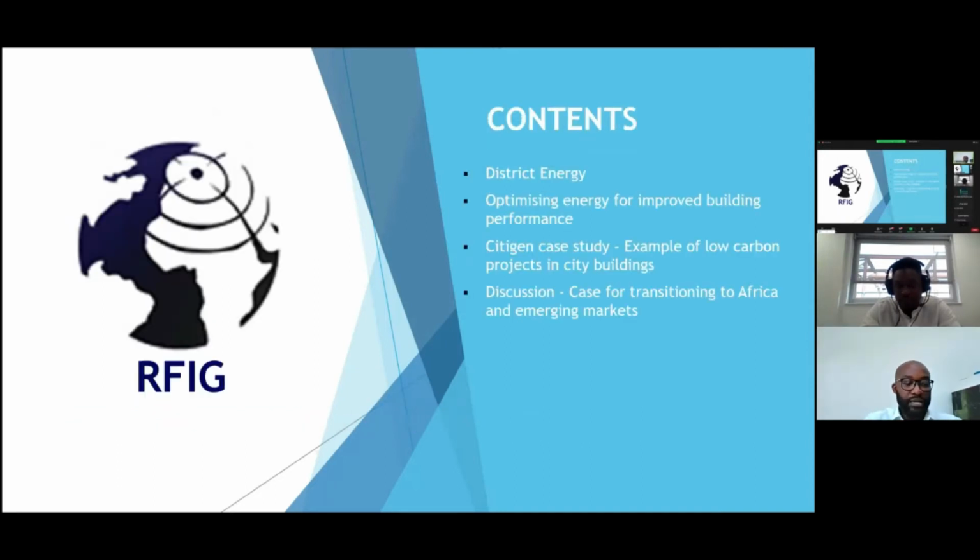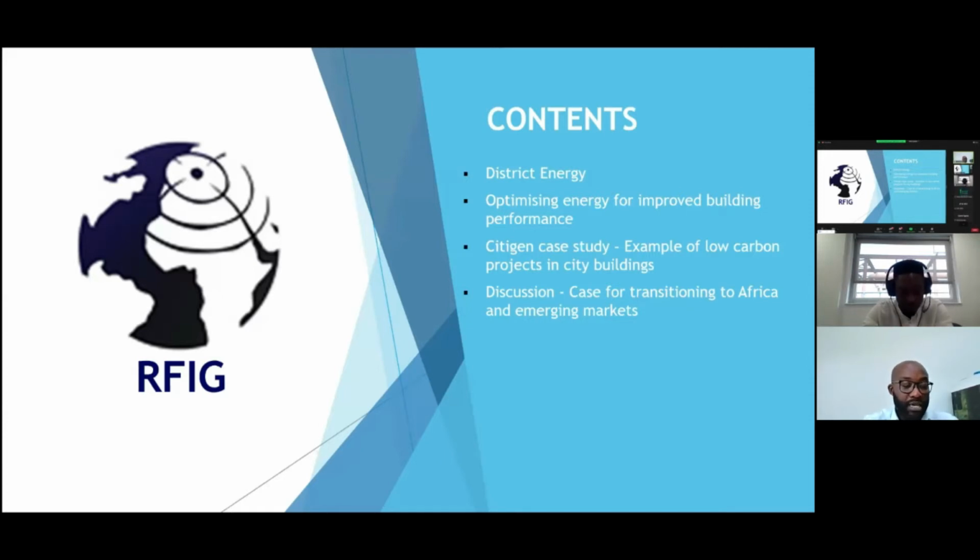In terms of district energy itself, we would look at how district energy is represented in improved performance in buildings in line with the context of this scheme today. We'd also look at how we can optimize this for improved building performance as part of our operations and facilities management.